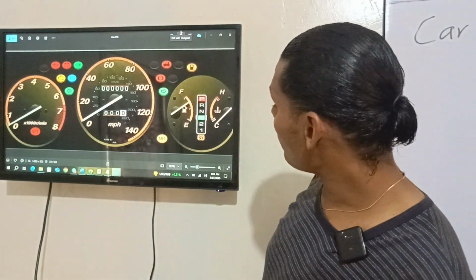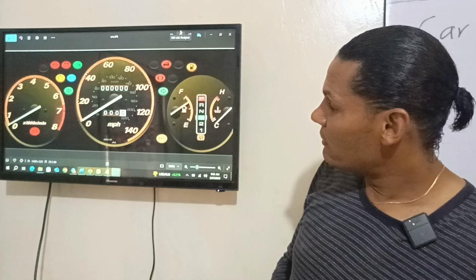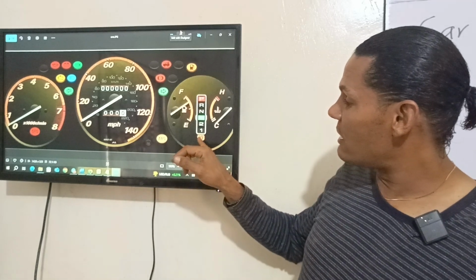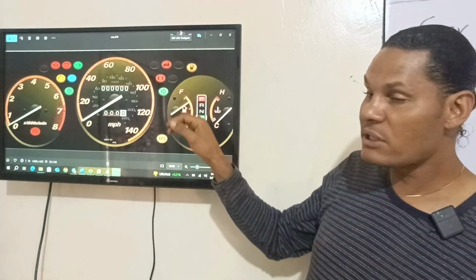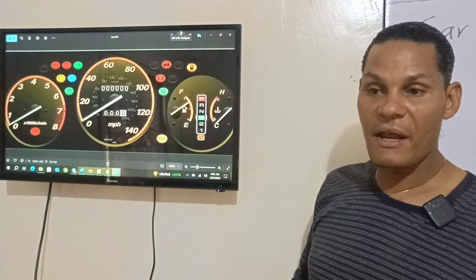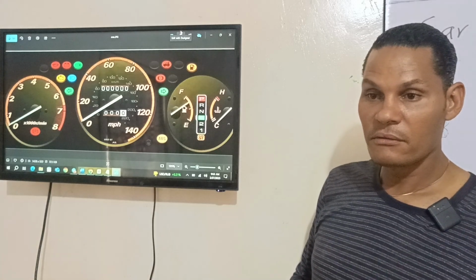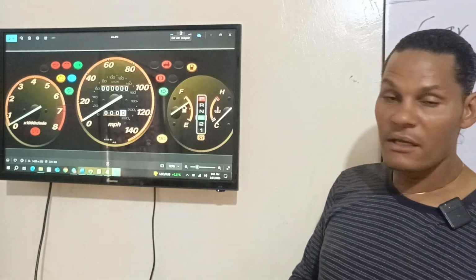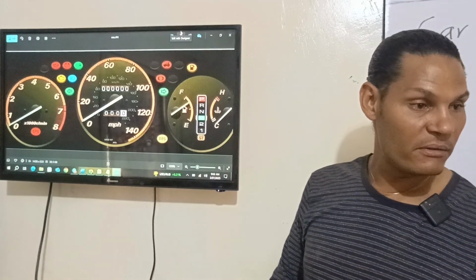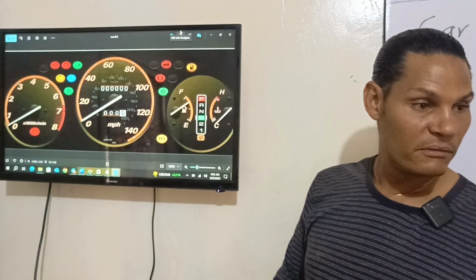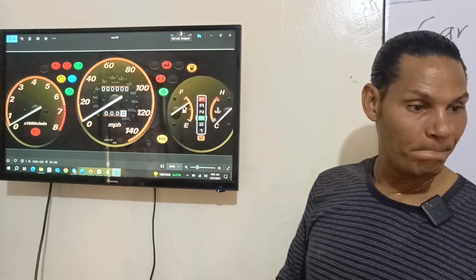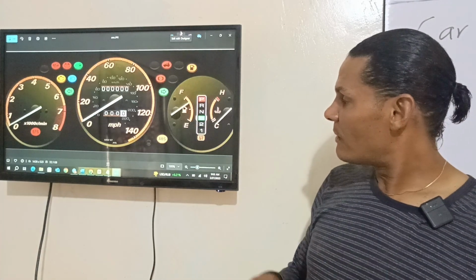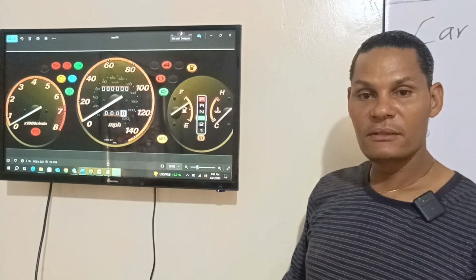Which other light have we not talked about? Anyway, here we are seeing this now. This is because it is an automatic vehicle. Where is the gear of that car now? The middle one, D, means what?